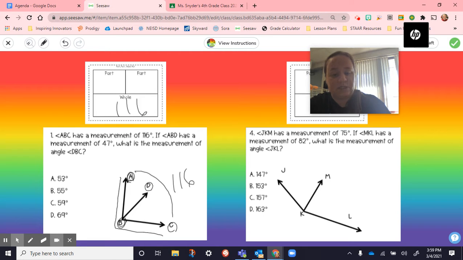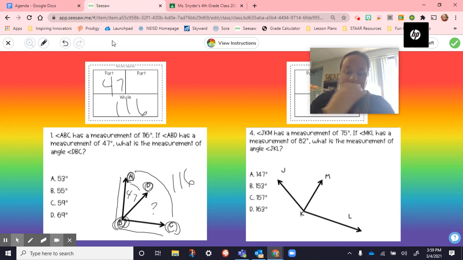So this little section right here is 47. So I see that that's a part. And then we want to know DBC. So I want to know this part. So here I've got a total, I've got a part. I need to find the missing part. So go ahead and find your answer there.